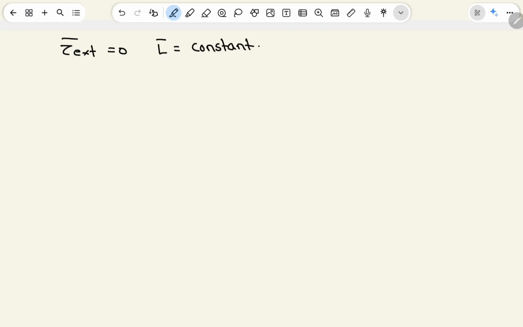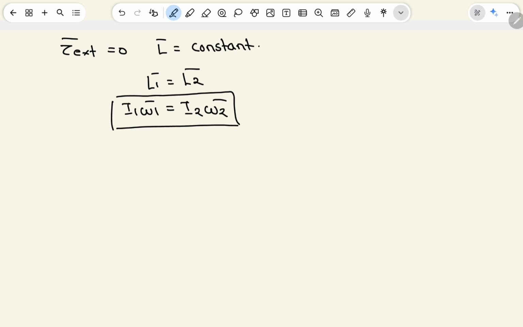So when external torque is 0, we have constant angular momentum, and therefore we can write L1 bar is equal to L2 bar, or the angular momentum at some initial time is equal to the angular momentum at some final time. Therefore we can write I1 omega1 bar is equal to I2 omega2 bar. This is the relation we must keep in mind while solving numericals.